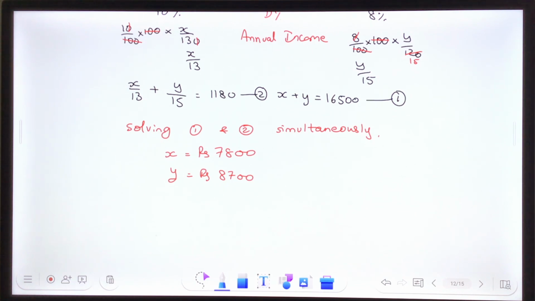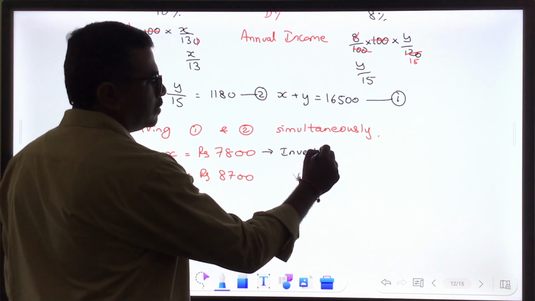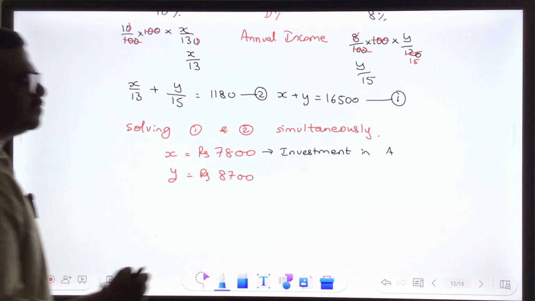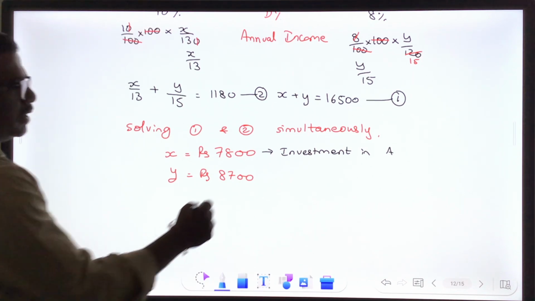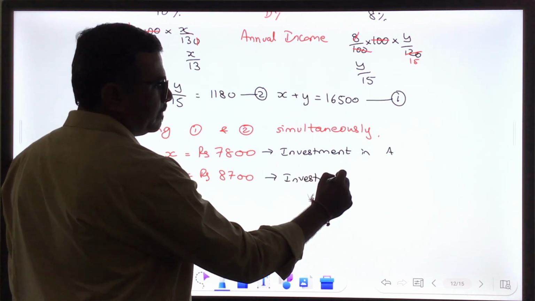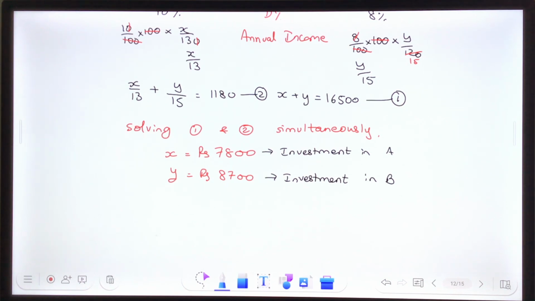So the investment in company A is rupees 7,800 and the investment in company B is rupees 8,700.